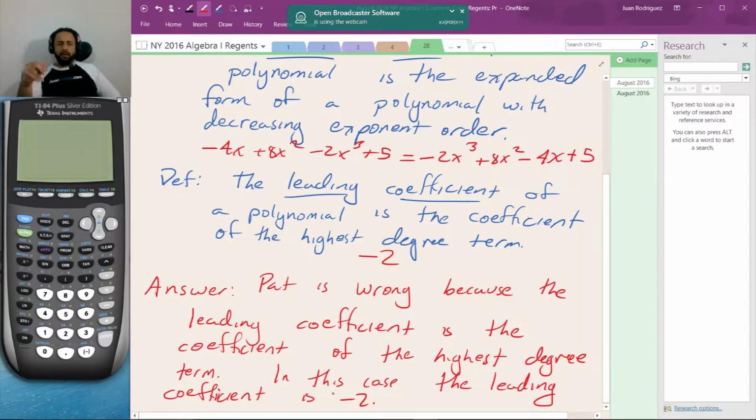I've seen other explanations, but they do have to be verbal. "No, because the leading coefficient is -2" is a 1-point answer because you said no, and you gave a true statement to justify it, but it's not enough.